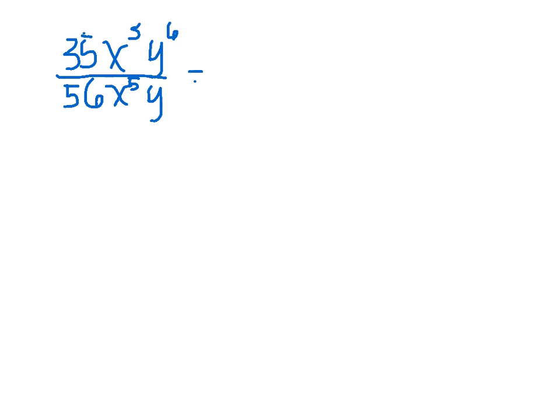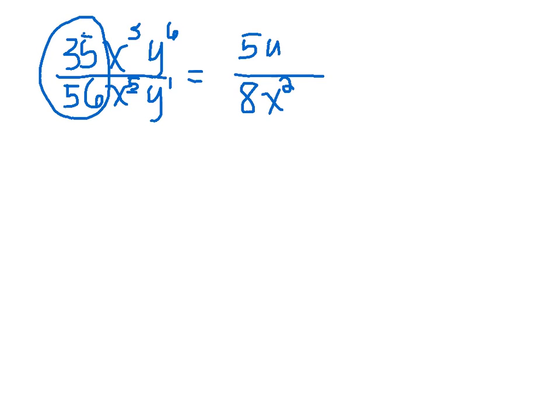Okay, so we want to reduce our fraction. What is the biggest number that goes into 35 and 56? And I know you all know that that is 7. So this reduces to 5/8. 5 minus 3 is 2, and since the exponent of x is bigger on the bottom, we're going to put it on the bottom. 6 minus 1 is 5. Since there are more y's on the top, we're going to put this here. Ta-da!